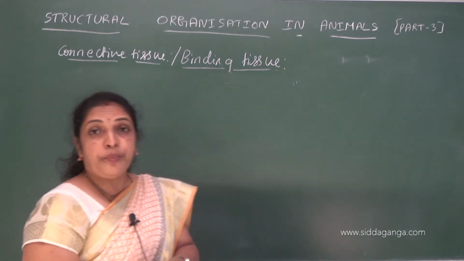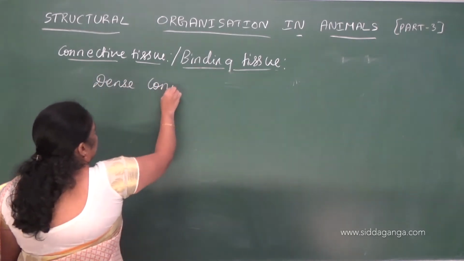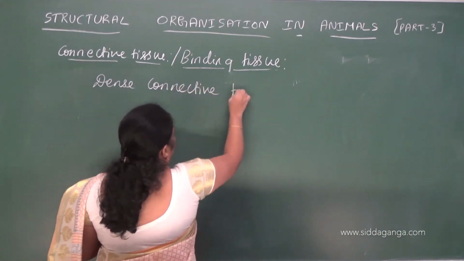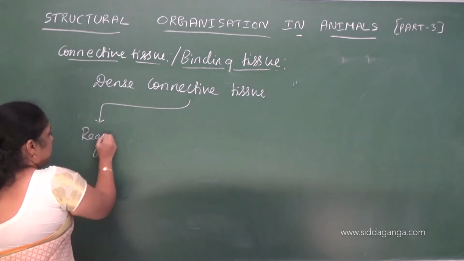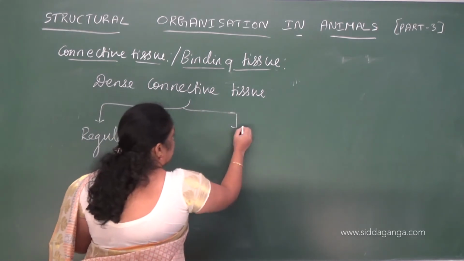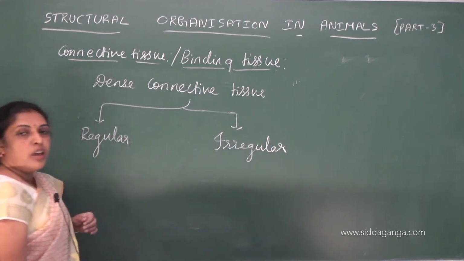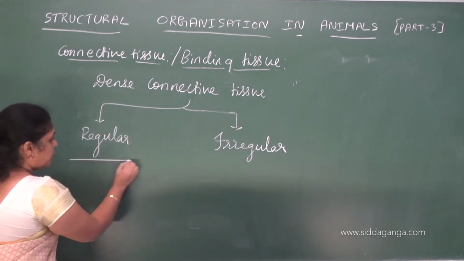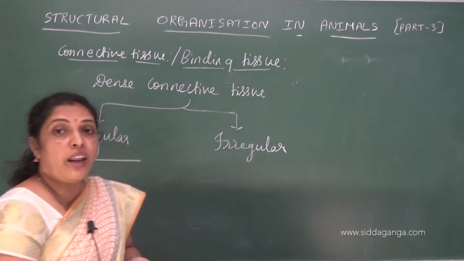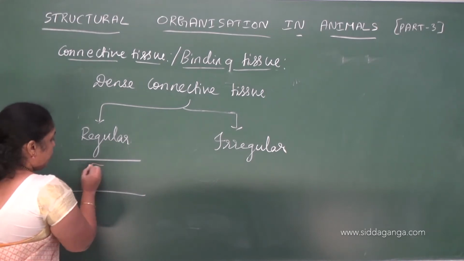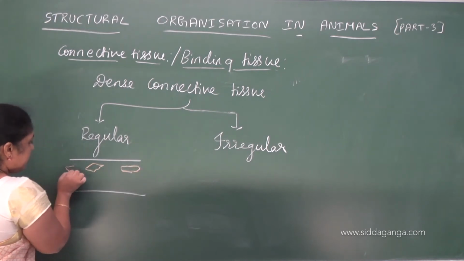Then we will move on to dense connective tissue. Under dense connective tissue we have dense regular connective tissue, and another one is dense irregular connective tissue. In dense regular connective tissue, the fibroblasts and fibers are arranged in a proper orientation, layer by layer like this.